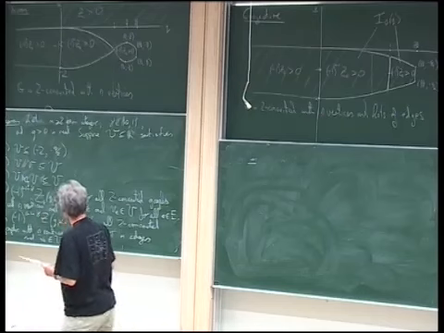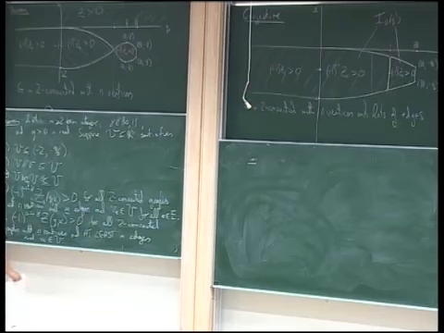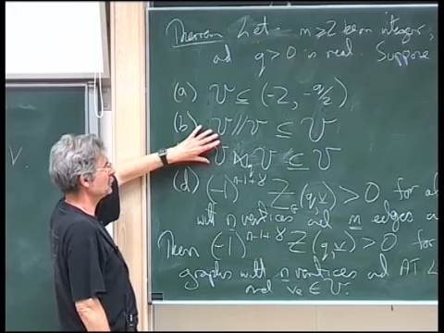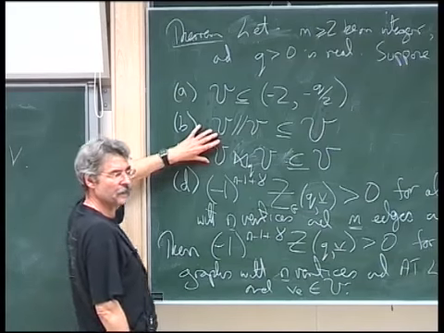so we want to try and satisfy these. So these are the 2 important hypotheses, that V is closed under parallel and series.